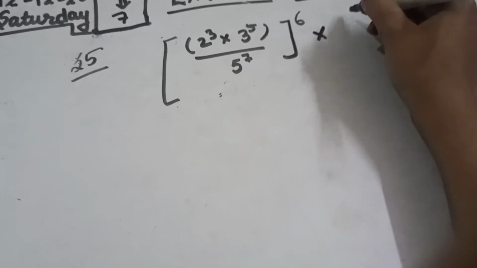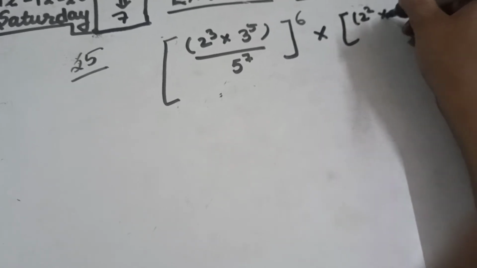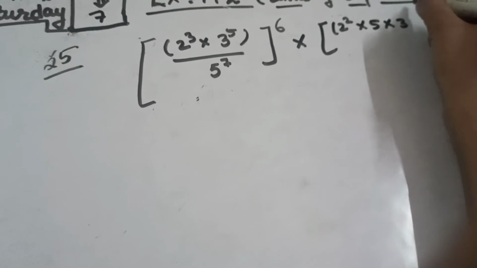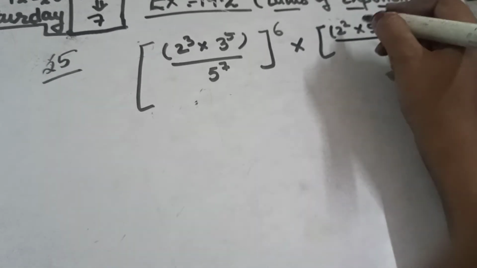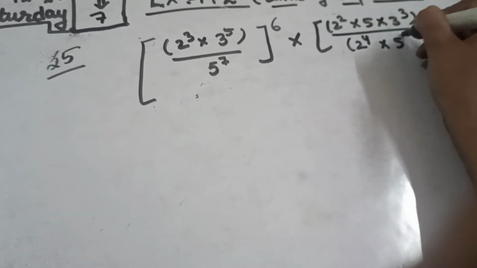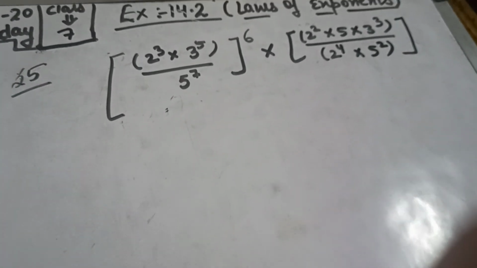Again we will multiply 2 the power 2 multiply 5 multiply 3 the power 3, bracket close, divide by 2 the power 4 multiply 5 to the power 2, and again small bracket close and the big bracket close.